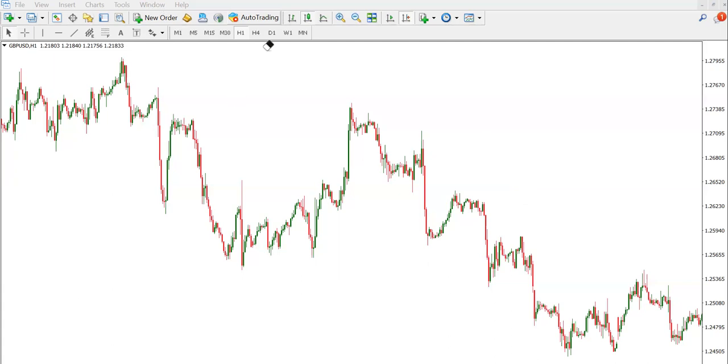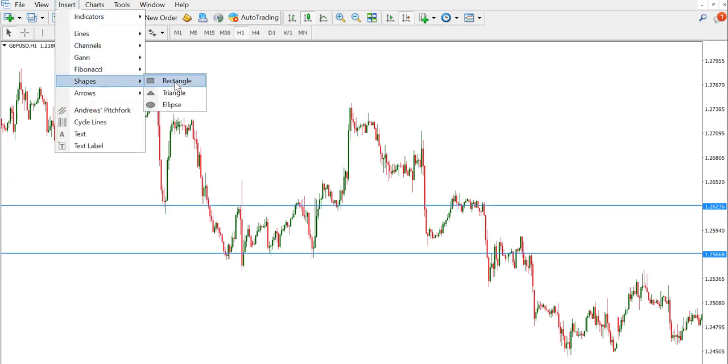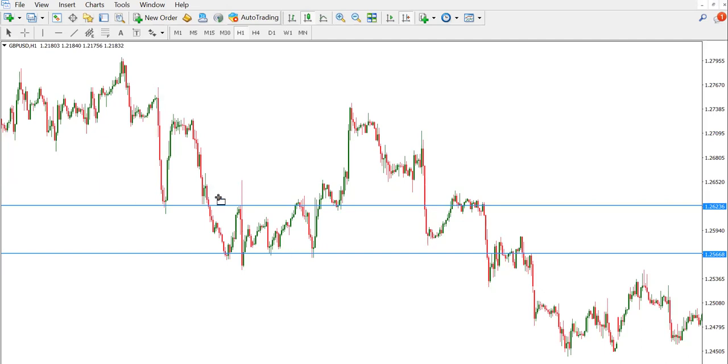So let's see here. You can either use a line to plot your support and resistance, or you go to insert shapes, rectangles. Now, I like to use this because you can actually plot it like that.